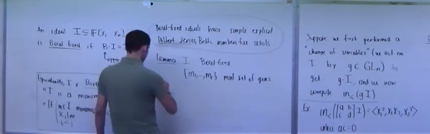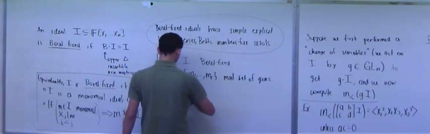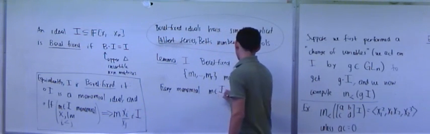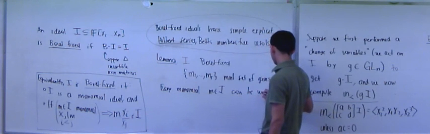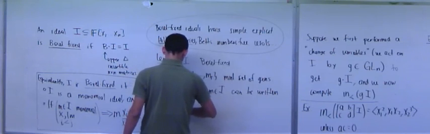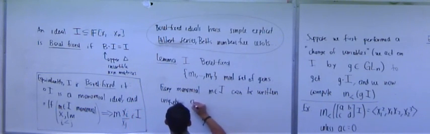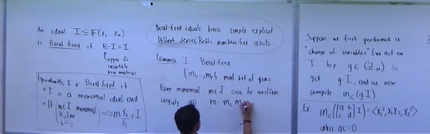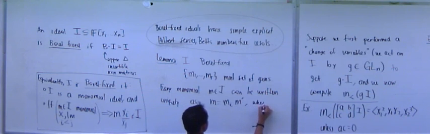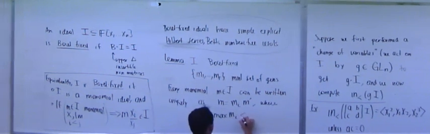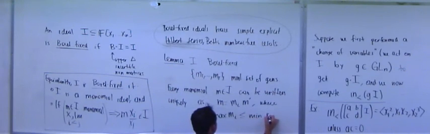So what I want to say is that then every monomial M in I can be written uniquely as M equals Mi times some M prime, where the largest letter occurring in Mi is less than or equal to the smallest letter occurring in M prime.